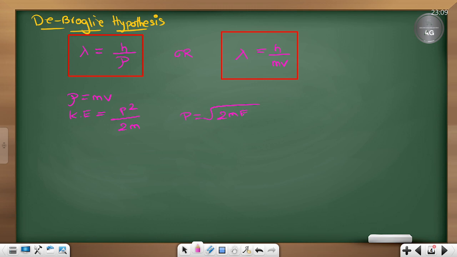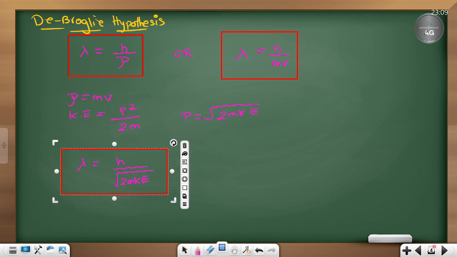These are the formulas that you can use. So lambda I can also write as h by root over 2mKE. This equation you will get to use in many questions where kinetic energy is given in the question. Clear? So that is direct.